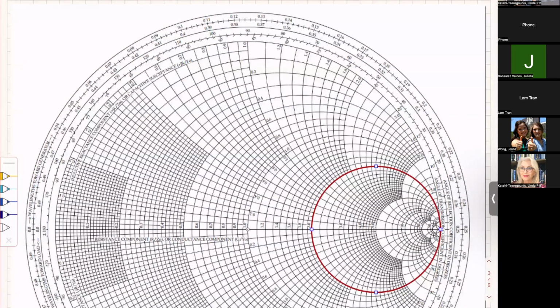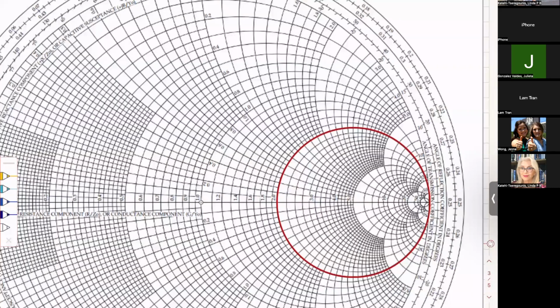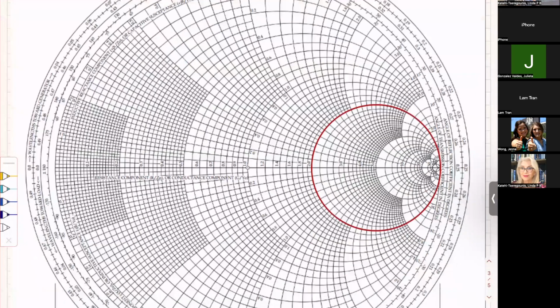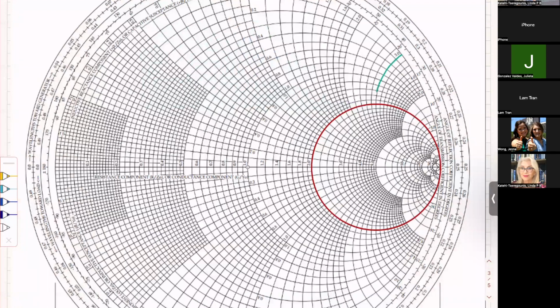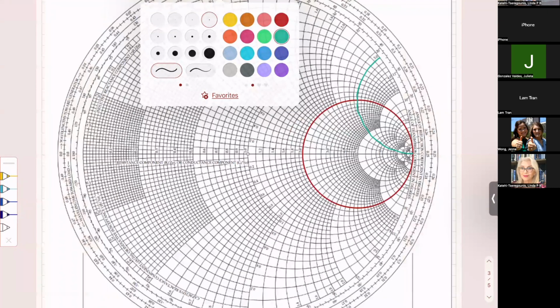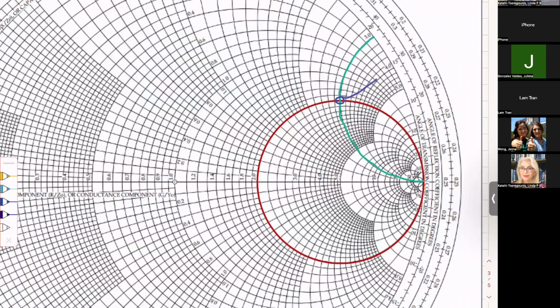All the reactances are up here, somewhere there. And then if I find 3, that 3 is right here. And I draw this circle. And I find a cross section between the green and the red. And this one is Z_L normalized.